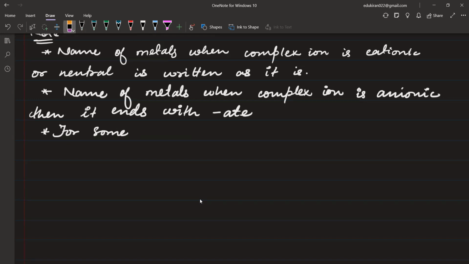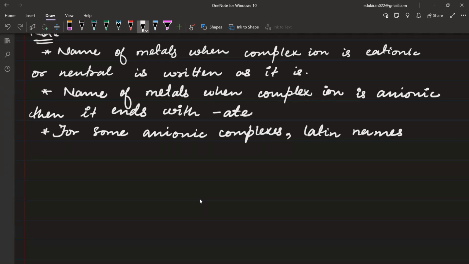For some anionic complexes, Latin names of the central metal atom are used.